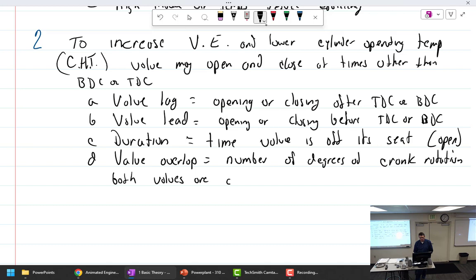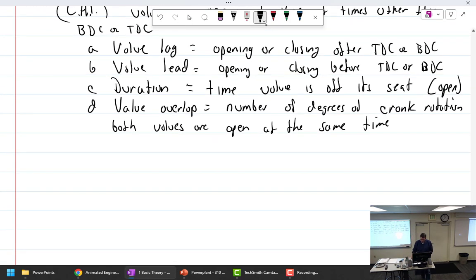In other words, intake and exhaust are happening simultaneously, if you will.